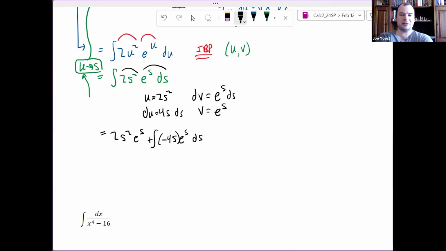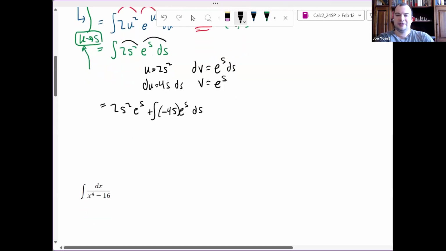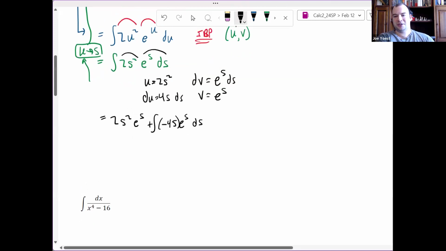The reason I'm doing that step is because I know from my experience that I could take that -4 times the integral and do the integral and then plug in and distribute the -4. In theory, that works, but in practice, I might be more likely to drop a negative or to forget that distributive step altogether. By sticking the -4 inside the integral, that puts it in the u. I'm much less likely to forget it that way.